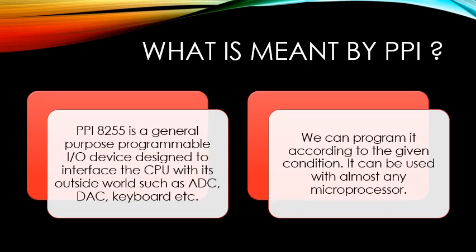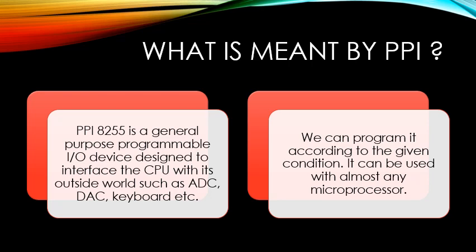Let us discuss what is meant by programmable peripheral interface. 8255 is also called as PPI. It is a general purpose programmable I/O device designed to interface the CPU with its outside world such as ADC, DAC, keyboard, etc. ADC means analog to digital converter, DAC means digital to analog converter.